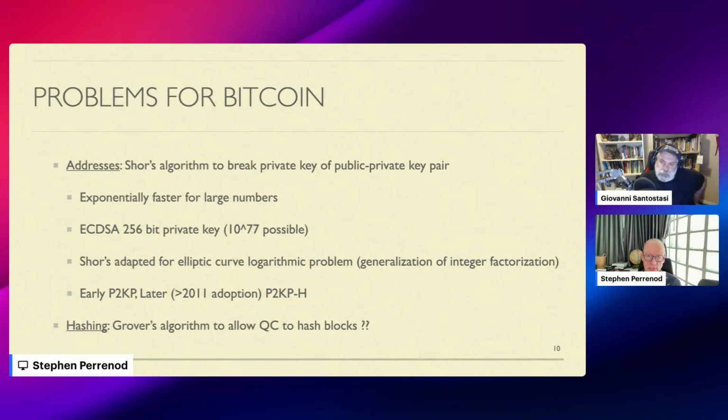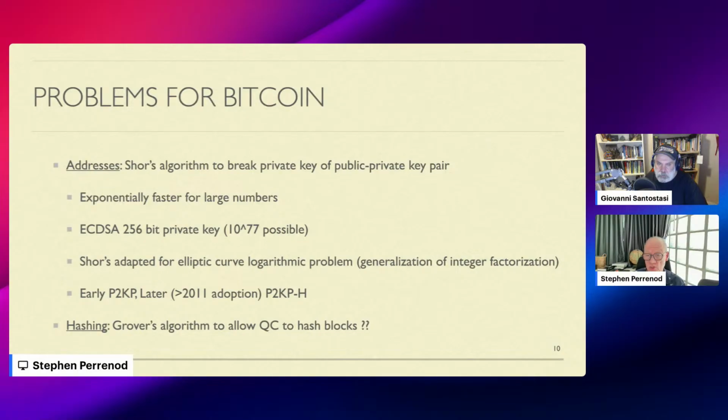Now, Shor's, in its first implementation, was like factoring prime numbers, which is like the old RSA style, but it can be adapted for the elliptic curve logarithmic problem that's relevant here. And that's a generalization of factorizing prime integers.